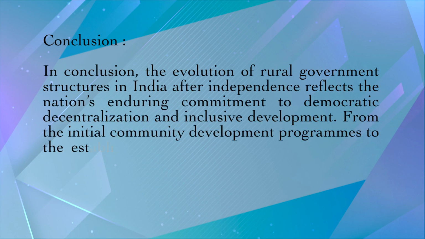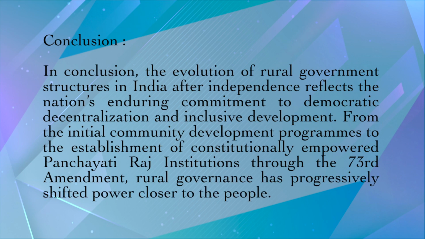In conclusion, the evolution of rural government structures in India after independence reflects the nation's enduring commitment to democratic decentralization and inclusive development. From the initial community development programs to the establishment of constitutionally empowered Panchayati Raj institutions through the 73rd Amendment Act, rural governance has progressively shifted power closer to the people.